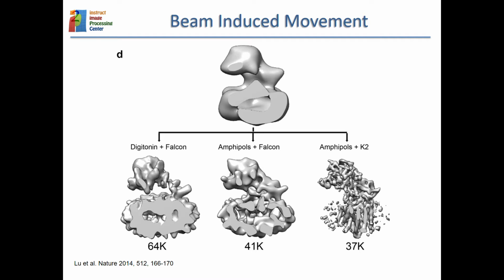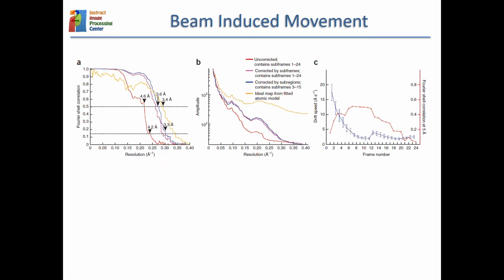So you have here the same structure, and this structure is analyzed under different conditions, and when you are able to align correctly the frames and correct for this beam-induced movement, then you are able to recover a much better resolution structure with many fewer particles.